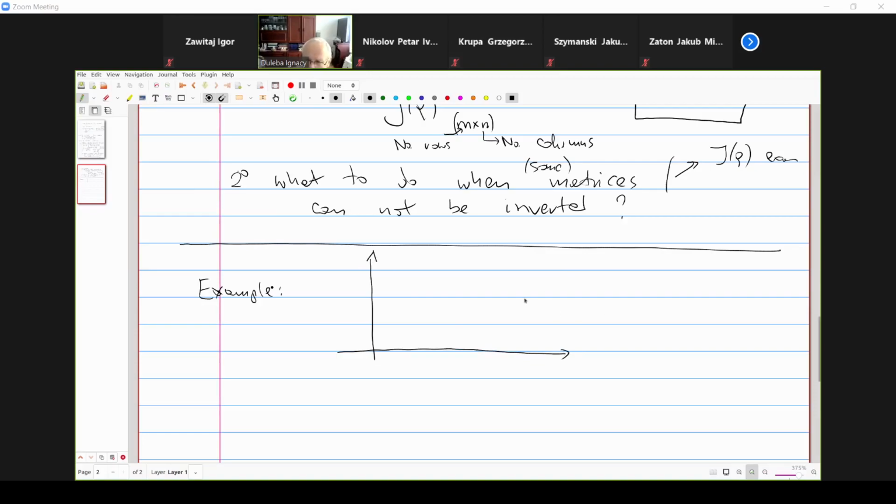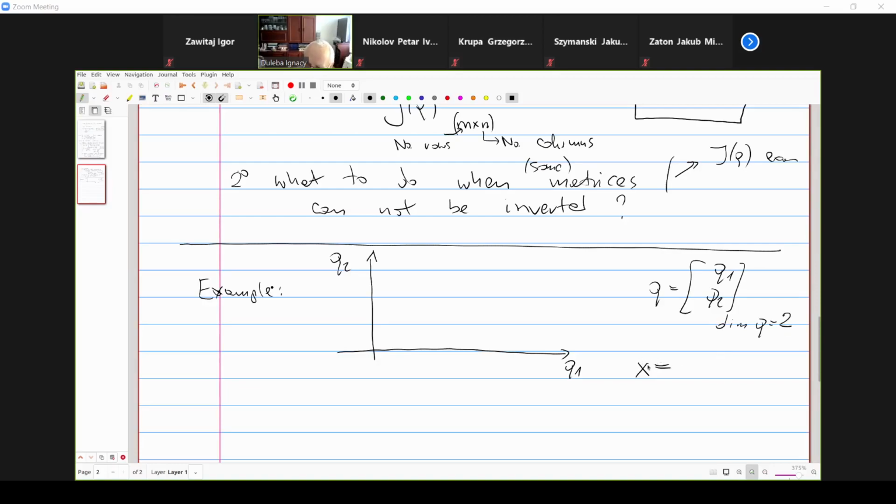Let us assume that we have a two-dimensional configuration space, Q1 and Q2. I will draw it, Q1 and Q2. Let us assume that our kinematics is very simple, so as you can see, the dimensionality of Q is equal to 2.